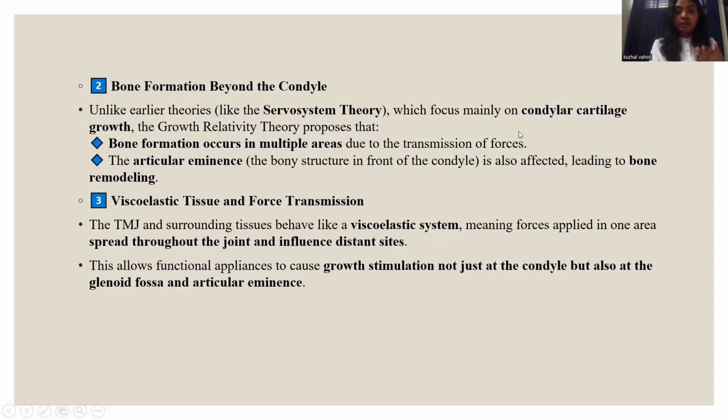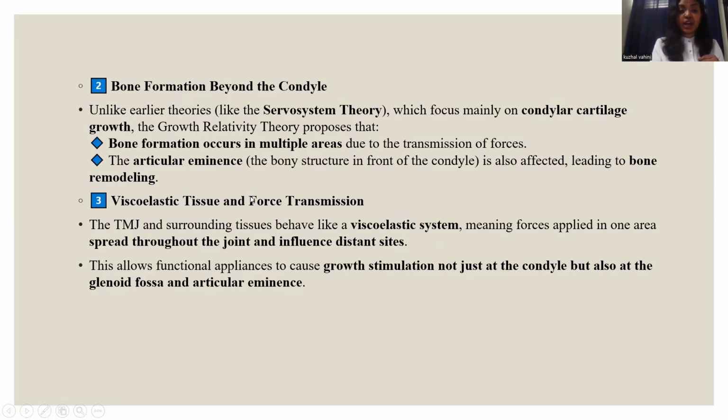It focuses on bone formation occurring at multiple regions due to the transmission of forces. An example would be the articular eminence. Any tension in the condylar region or any stretch in the muscle region not only readapts or remodels the condyle, but also forms bone near the articular eminence.